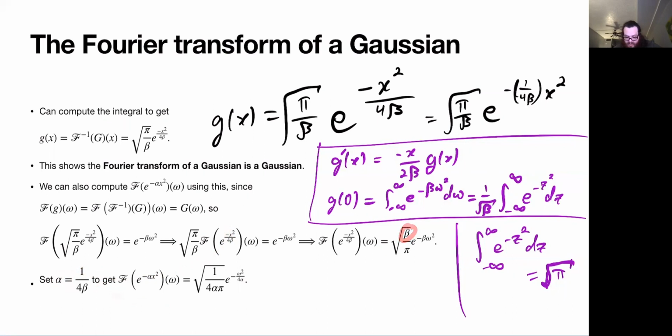Plug in for beta here, and you're going to pick up the square root of 1 over 4 alpha pi, times e to the minus omega squared over 4 alpha. So in this way, we've computed both the forward and the backward or inverse Fourier transform, at least for Gaussians.